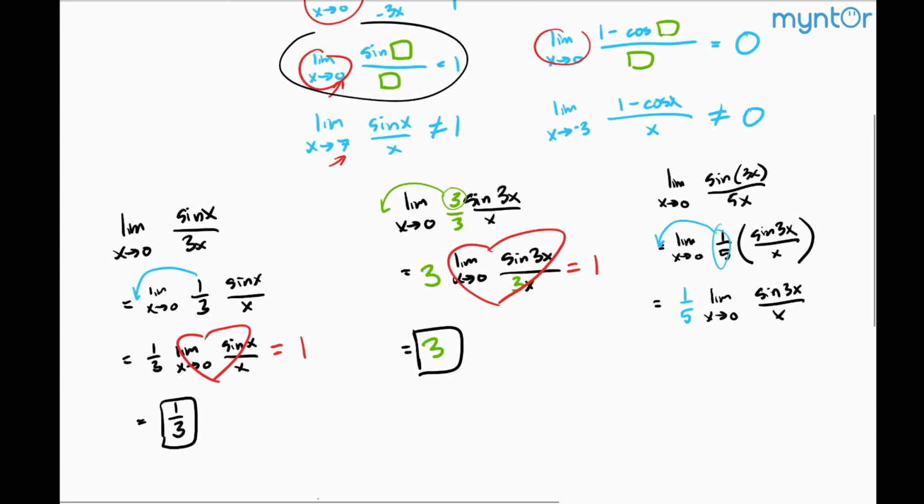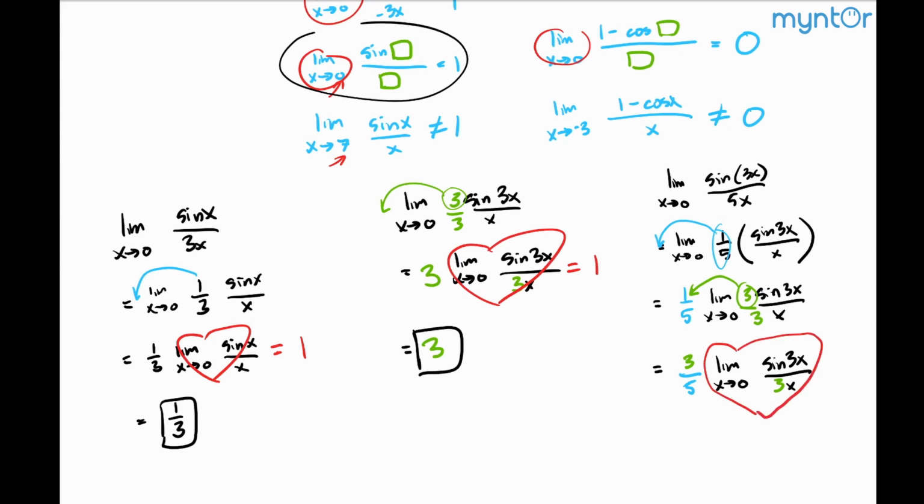I'm going to multiply the top and the bottom by 3, and then I will pull the 3 out to the front because it's a constant, which gives me that this is equal to 3 divided by 5 times the limit as x approaches 0 of sine 3x over 3 times x. And now here we have the limit as x approaches 0 of sine 3x over 3x, which we know is equal to 1. And so we would say that this is equal to simply 3 over 5.